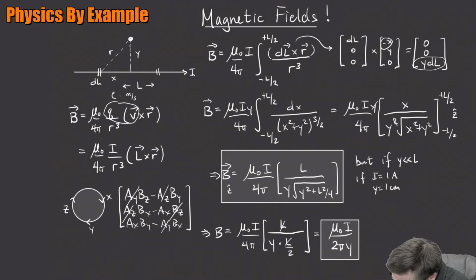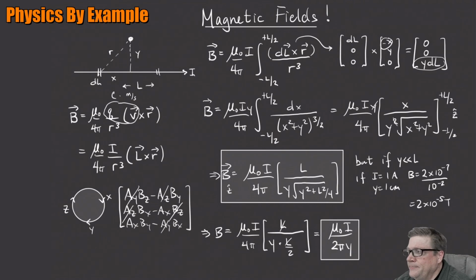So B is 2 times 10 to the minus 7 divided by y, which is 10 to the minus 2, 1 centimeter. So that's 2 times 10 to the minus 5 Tesla. Is that something you can detect? Sure it is, because it turns out this is roughly equal to the magnetic field of the Earth.